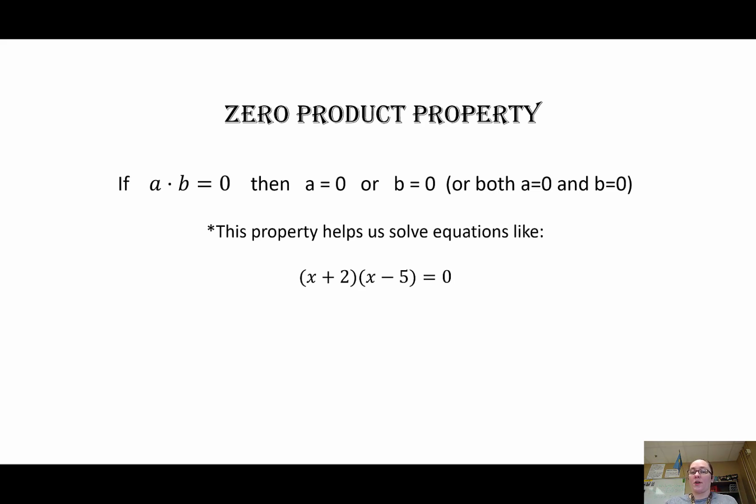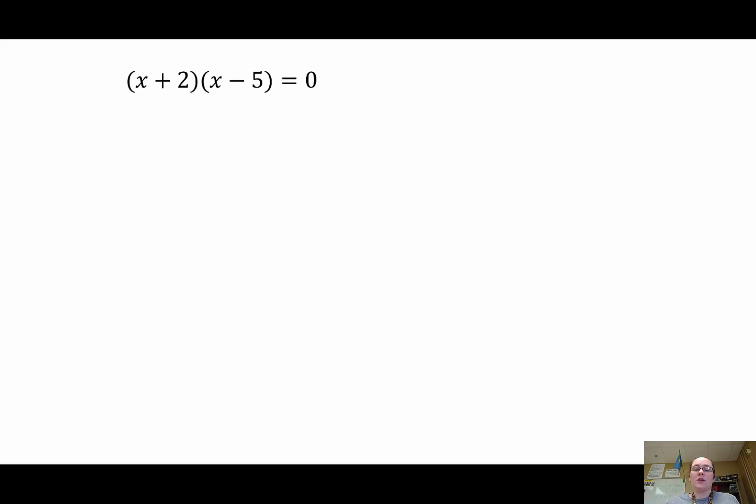If we've already got it factored, we can solve both of those, or we can factor and then figure out x is either one number or the other. So looking at this property, it basically says I can set x plus 2 equal to 0 or x minus 5 equal to 0, because one of those two parentheses has to be 0 in order for the whole thing to work out to 0.